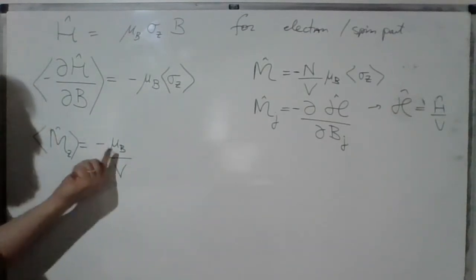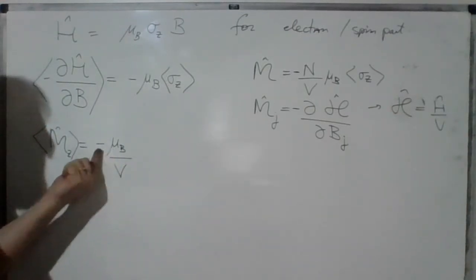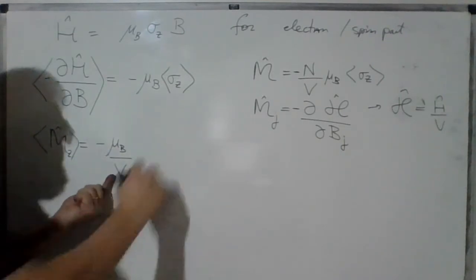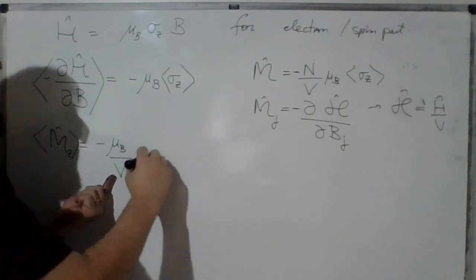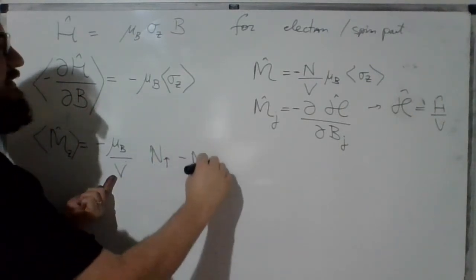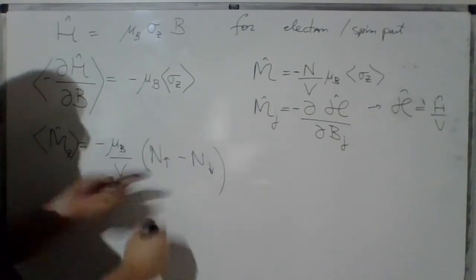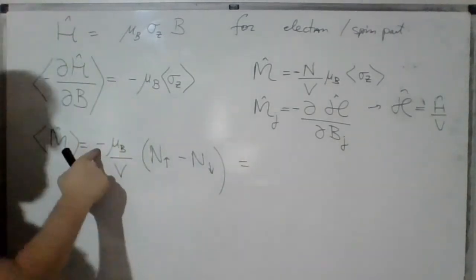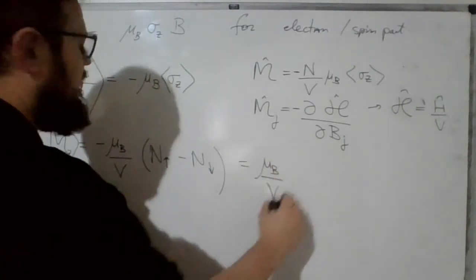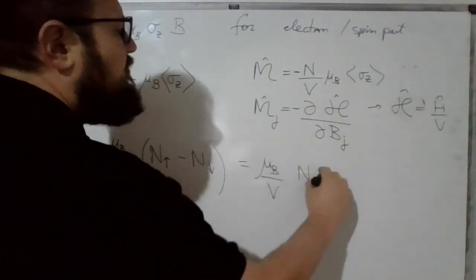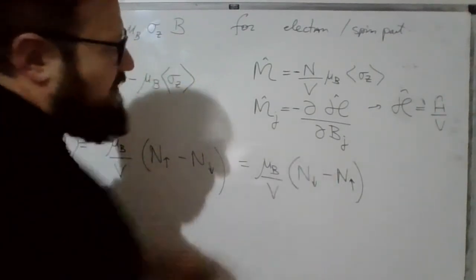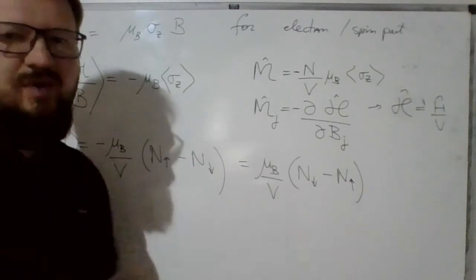It is minus 1 Bohr magneton, because this is the magnetic moment for one electron, times the number of up spins minus the number of down spins, which can be reversed here because of this minus sign. So Bohr magneton divided by volume, the number of down spins minus the number of up spins in average. This is the average of the operators.